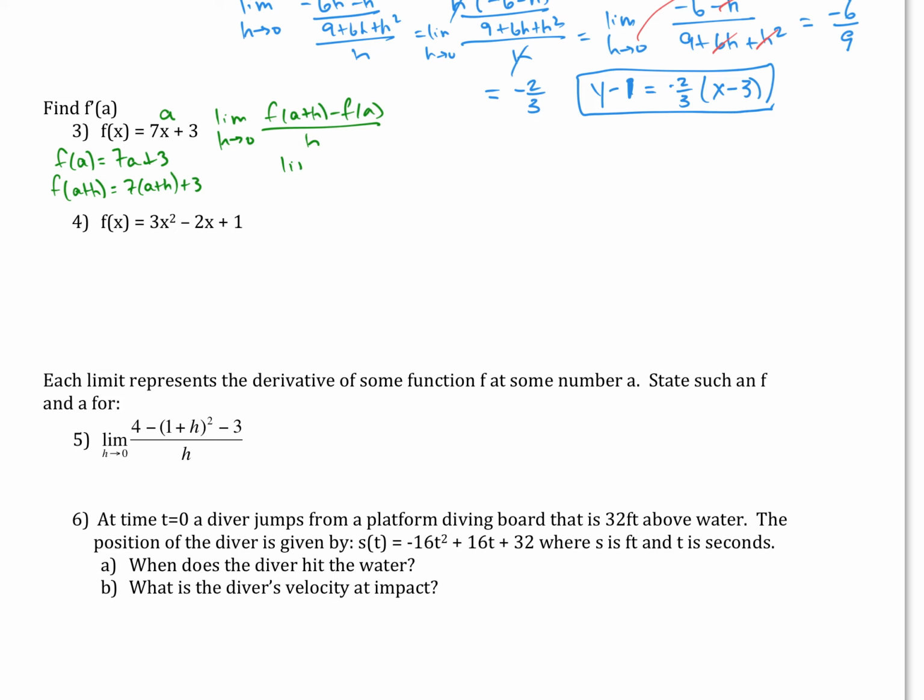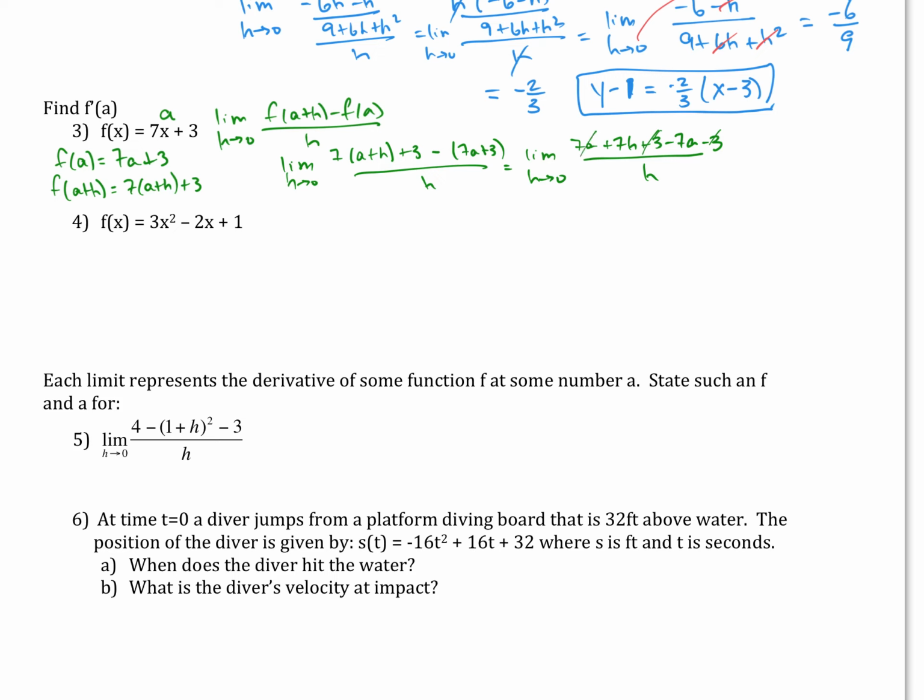This becomes the limit as h goes to 0 of 7 times a plus h plus 3 minus 7a plus 3 all over h. Cleaning this up, I get the limit as h goes to 0 of 7a plus 7h plus 3 minus 7a minus 3 all over h, right?